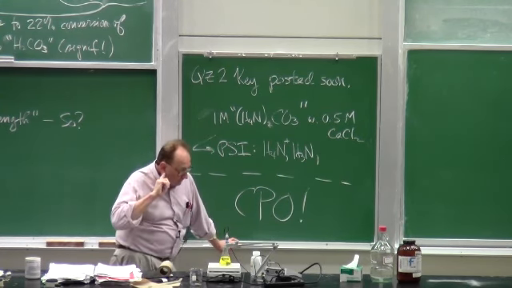Calcium ion concentration of this. Ammonia concentration of this. Why is the ammonia concentration greater than the calcium ion concentration? It's not substantially greater, but it's greater.